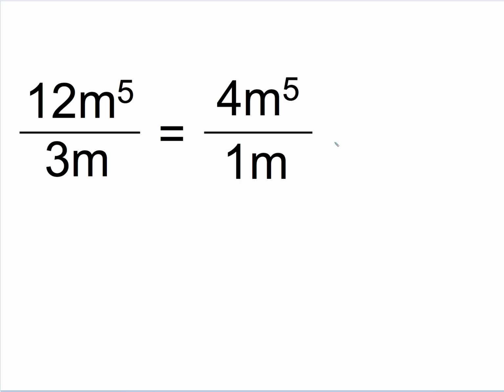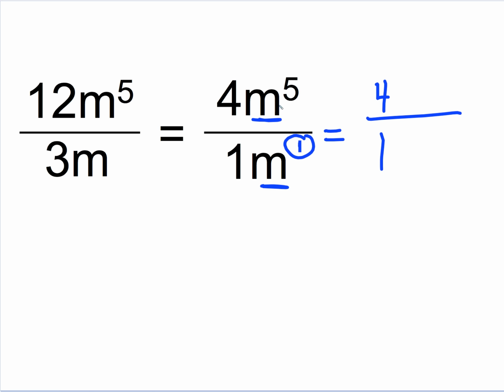So now to use the little trick that we just did, we would keep the 4 in the numerator, the 1 in the denominator, and then since we have the same base, they're both m's, we can subtract the exponents. However, there's no exponent here. So remember, if you don't see an exponent, you just see a variable, the exponent is going to be 1.